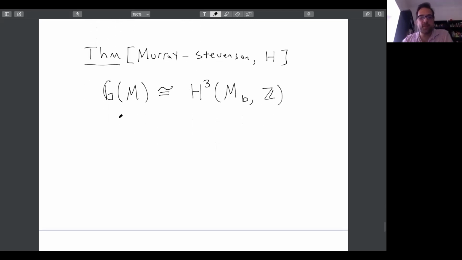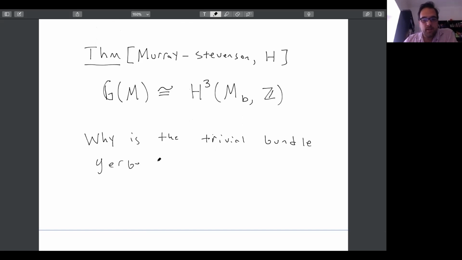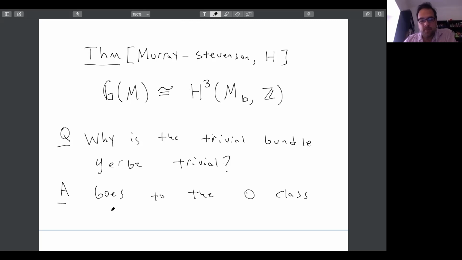And so to answer the question about why the trivial bundle gerbe is trivial, the answer is it goes to the trivial class, to the 0 class in H3.